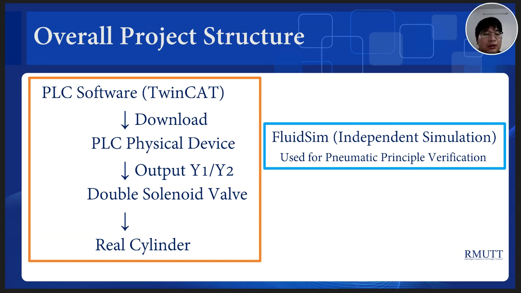This page shows the overall structure of my project. First, I use PLC software, which is TwinCAT, to write the control programming. Then the programming was downloaded to the PLC physical device.